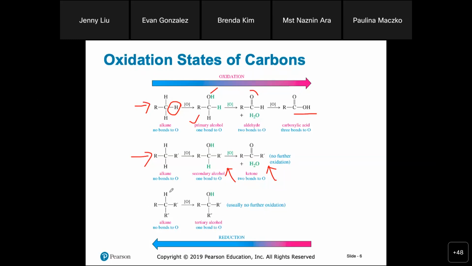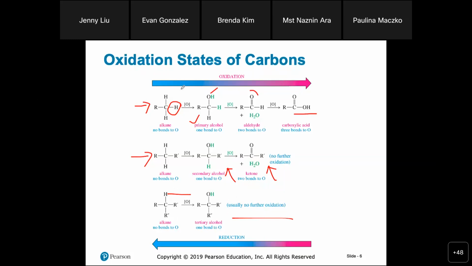You can see here, this is alcohol, and there is no further oxidation because of the alkyl groups surrounding the central carbon atom. So this is the basic idea. If you understand it clearly, it will be helpful when we move on to our next slides.